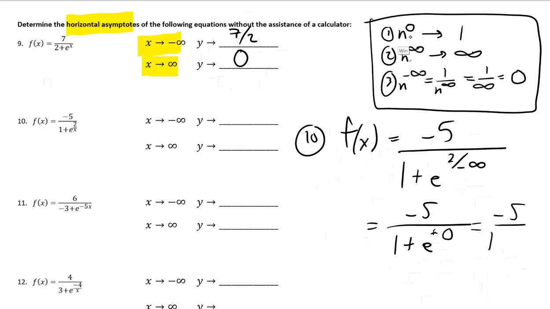This matches up with number 1 here. If I've got a number and its exponent is going to 0, then that whole thing goes to 1, which means the denominator is going to 2, and the whole fraction is going to negative 5/2.